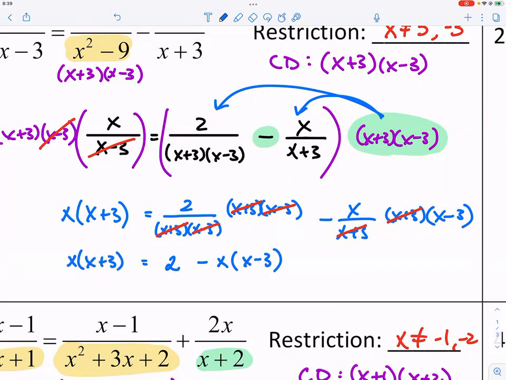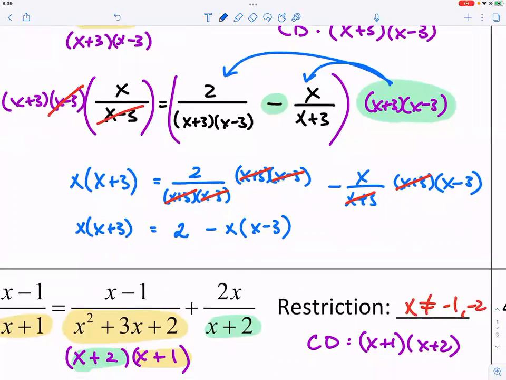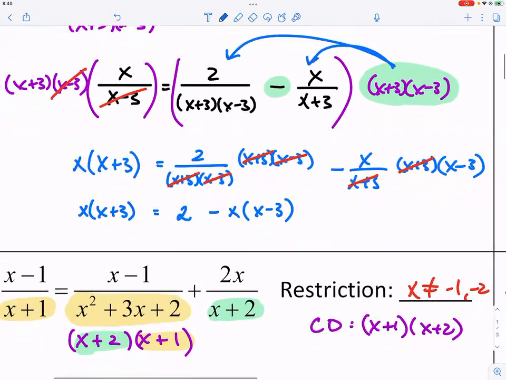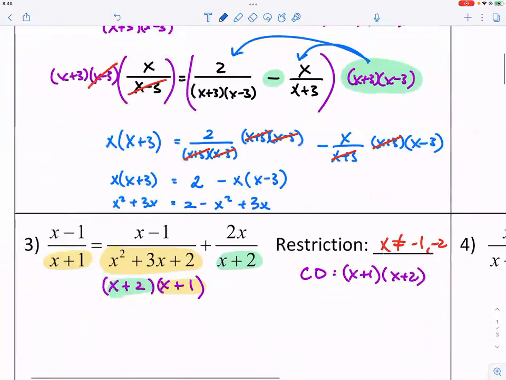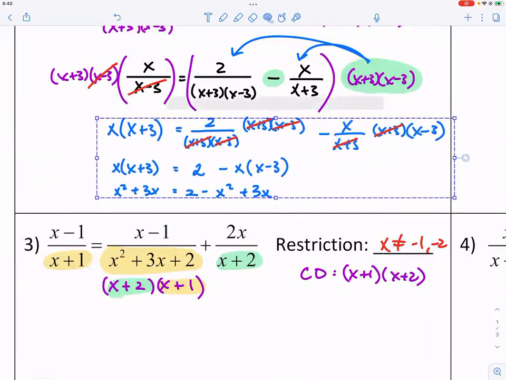Okay, and on the left, we have x times x plus 3. Okay, so again, make sure you can see the distribution. And now we are going to multiply out the terms right here. And then we are going to combine some like terms here to squeeze some space. I'm running out of space here.